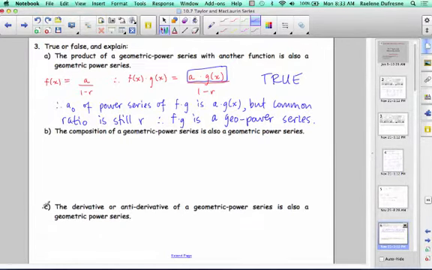In part B, it says the composition of a geometric power series is also a geometric power series.